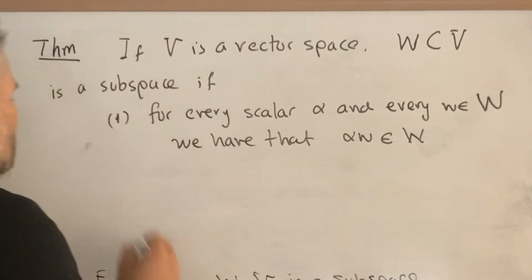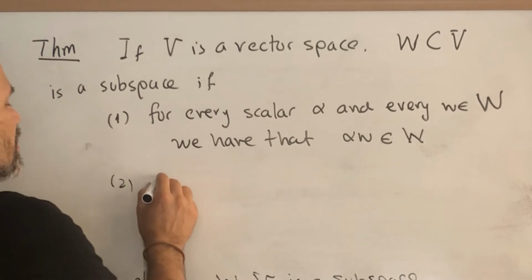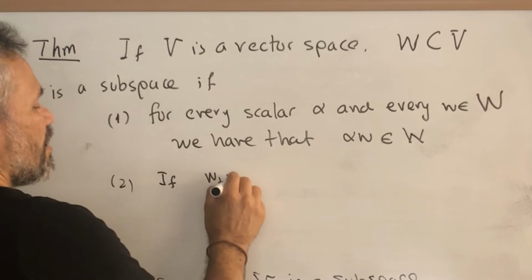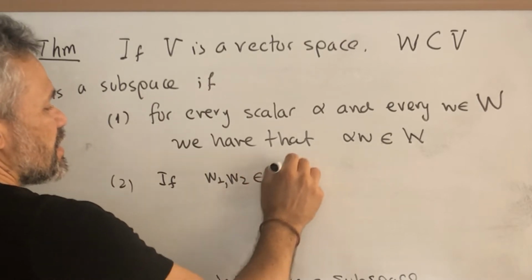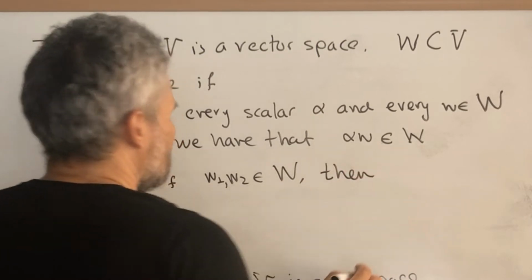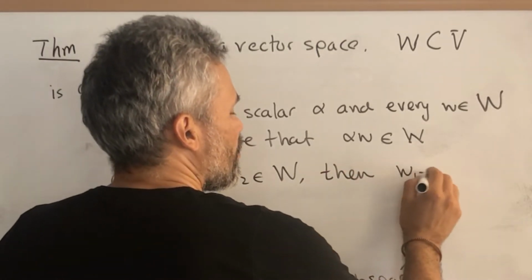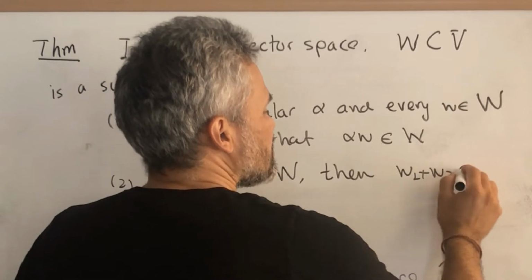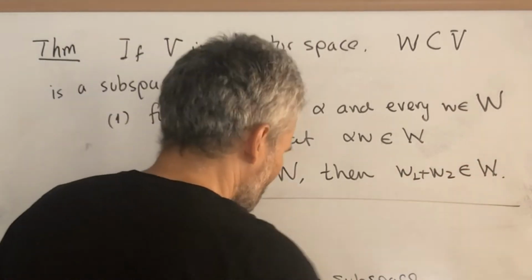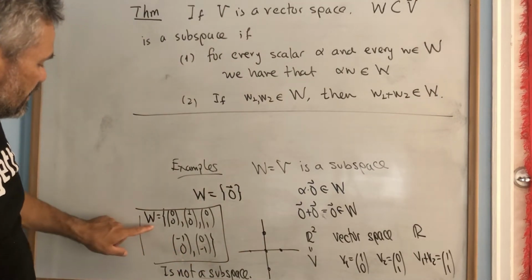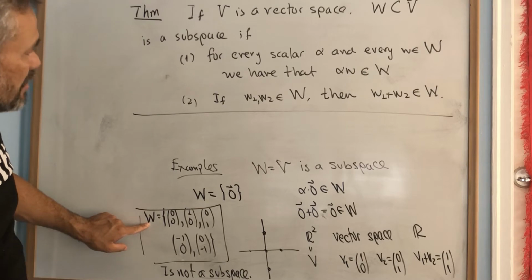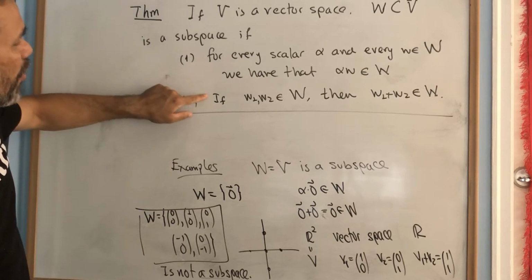And the other property is that if w1 and w2 are elements in W, then w1 plus w2 must be an element in W. Look how this subset of R2 fails the second property, right?